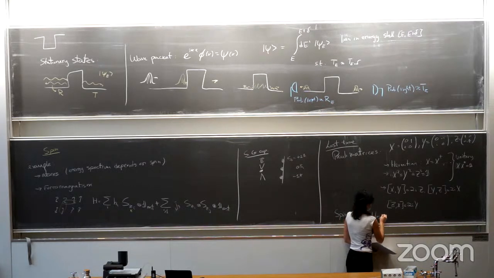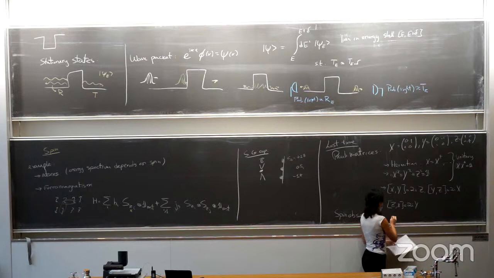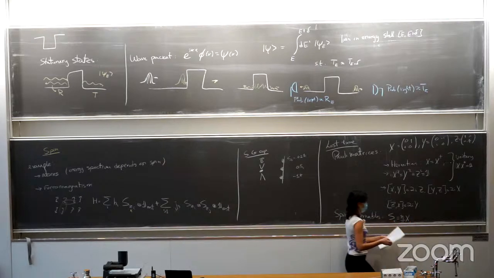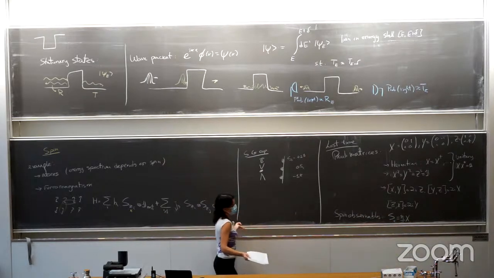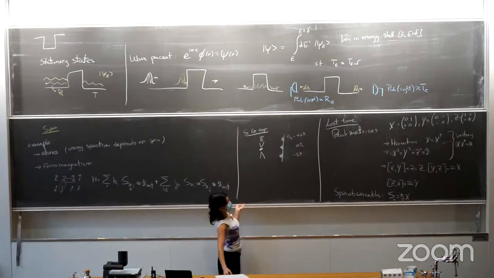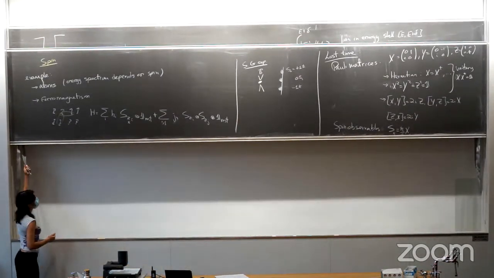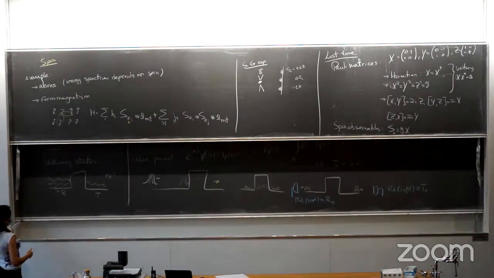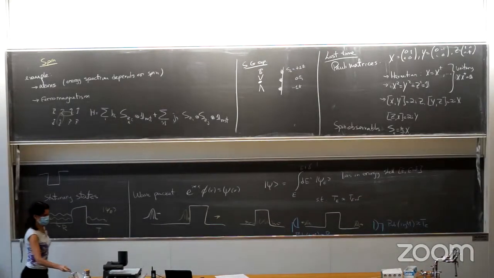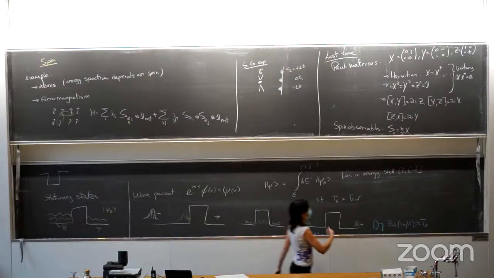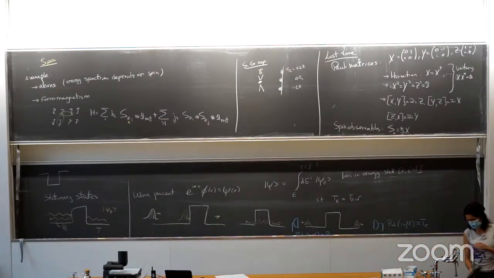So S_x equals h bar over 2 X, and so on. And we said, well, this corresponds to, for example, measuring the spin of an electron, which is modeled by a qubit, but the eigenvalue, the thing you actually measure, is not 1 and minus 1, but it's h bar over 2 and minus h bar over 2.